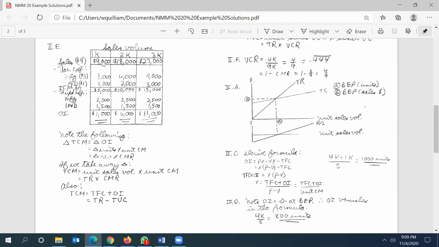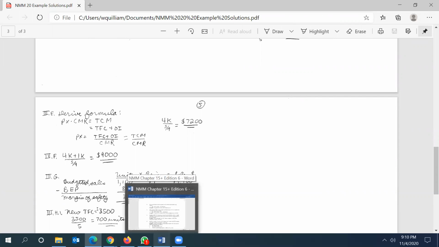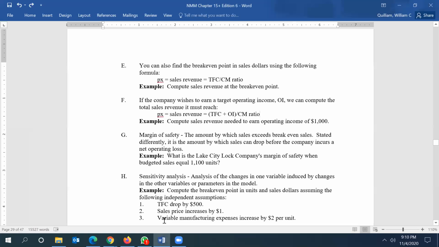If we sell 1,000 units, which translates into $9,000 of sales revenue, sure enough, we generate an operating income of $1,000. So that does make sense. And no questions so far? Okay.